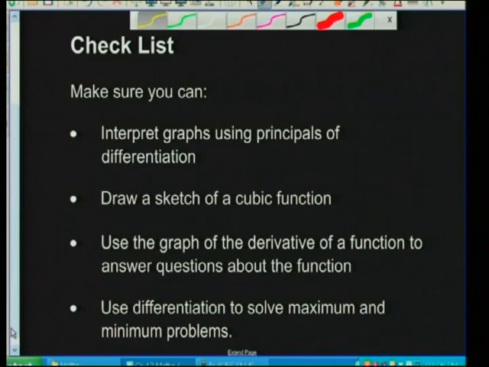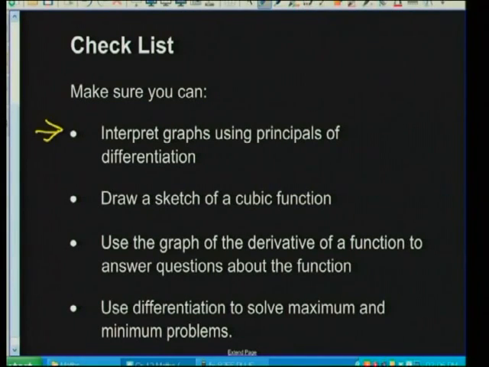On our checklist, we're going to look at interpreting graphs using principles of differentiation. We are going to have a look at drawing and sketching our cubic graphs. We are going to have a look at, and this is always a bit of a tricky one, using the graph of the derivative to answer questions about the cubic function.